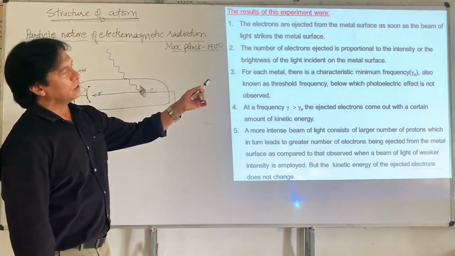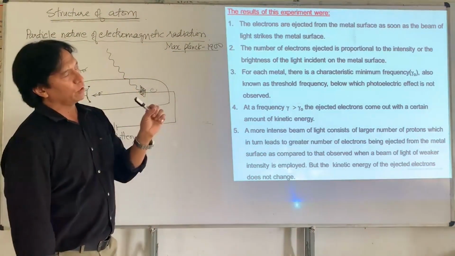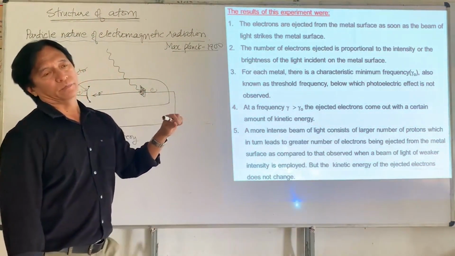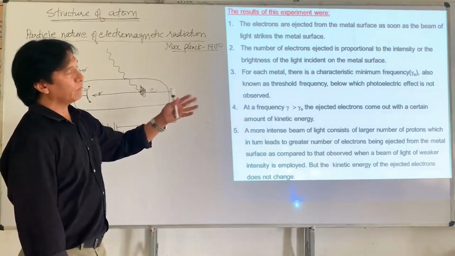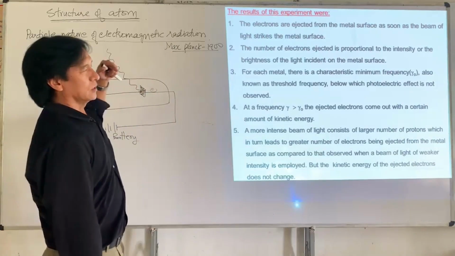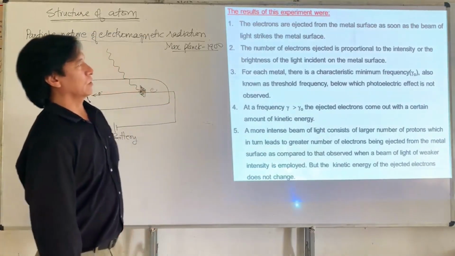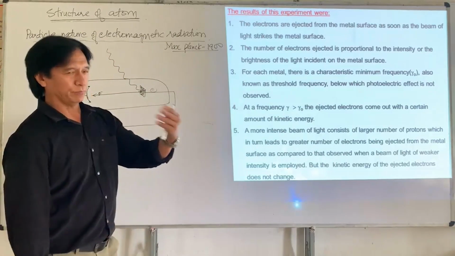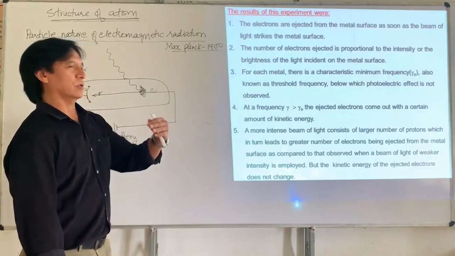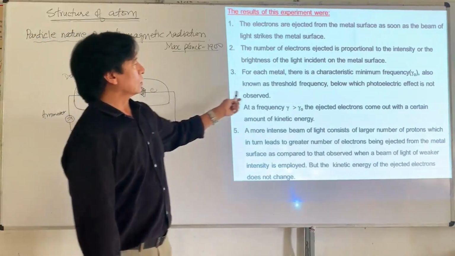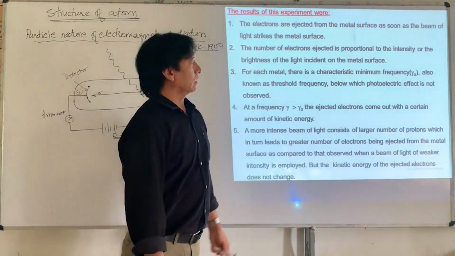The minimum frequency which a beam of light or a photon of light should have in order to eject an electron from the metal surface is called the threshold frequency.